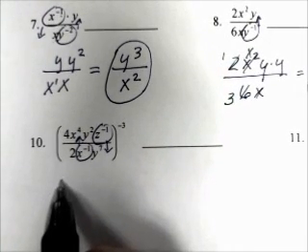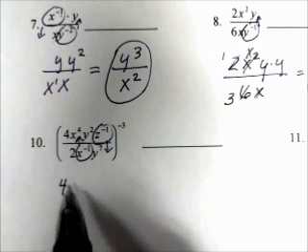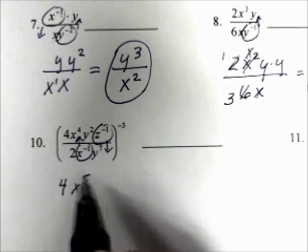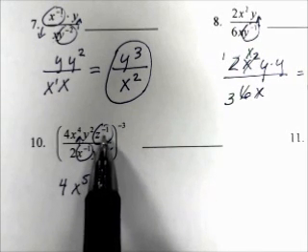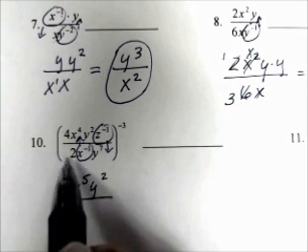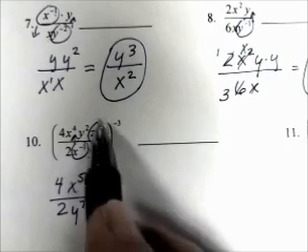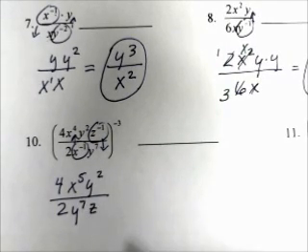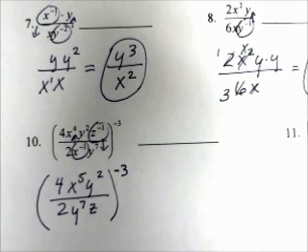So let's see, I'll have 4 x to the 4th times another x is going to be x to the 5th. Y squared is going to stay, and now that z to the -1 is going down in the denominator. I still have the 2, the y to the 7th, and the z has come down. And this is still all being raised to -3.